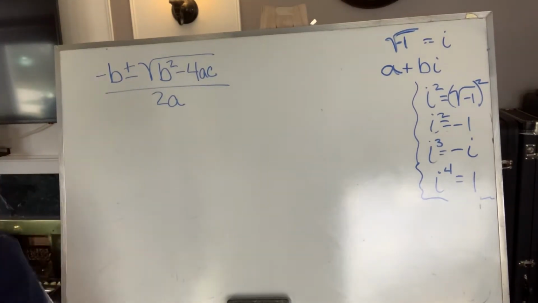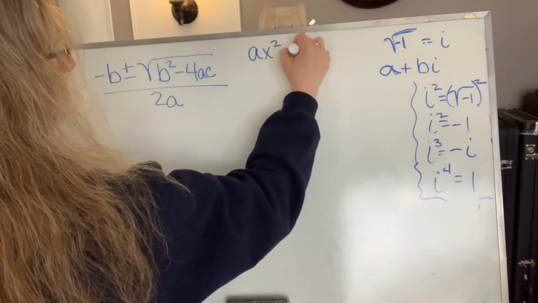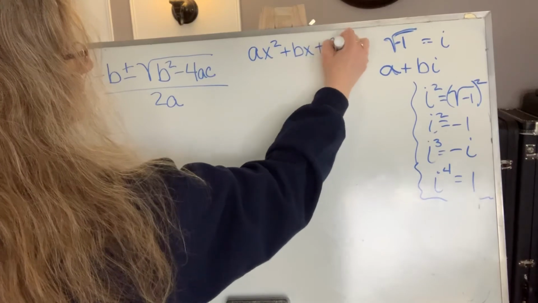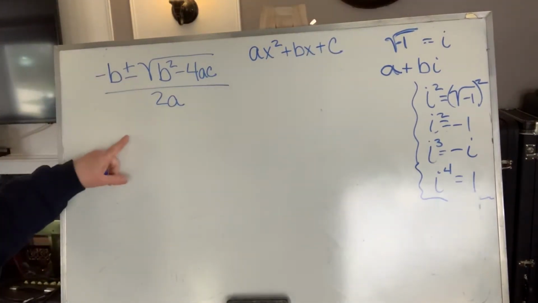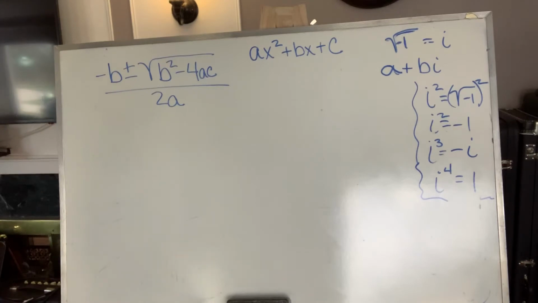Where do I get my a, b, c? I have ax squared plus bx plus c. What's the purpose of this? This is to find the zeros, okay? So we were just talking about finding zeros. What happens if I end up with something that has an imaginary root, which absolutely happens all the time.